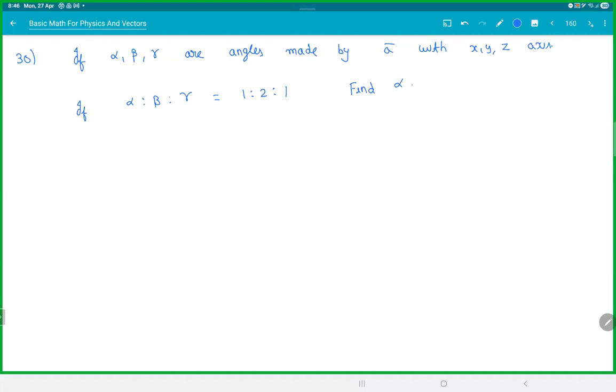I can even ask find a bar, or a cap, but if you got alpha, you'll get everything. So there is a vector a bar which is making angles alpha, beta, gamma, and these angles are in the ratio of 1:2:1. What are these angles? Find alpha, beta, gamma. Yeah, this is more of a maths question now. Give it a try.